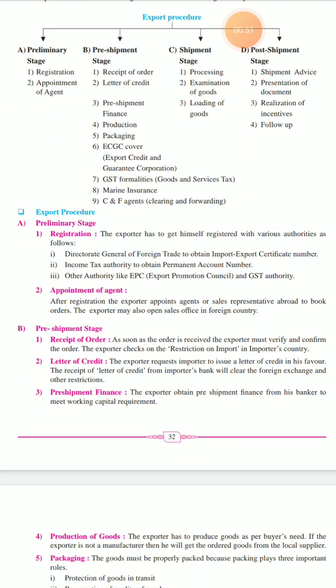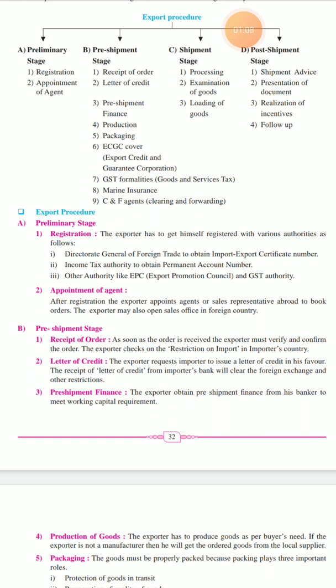After the preliminary stage the next is the pre-shipment stage. The pre-shipment stage means, before loading our products onto the ship, there is a stage known as the pre-shipment stage.